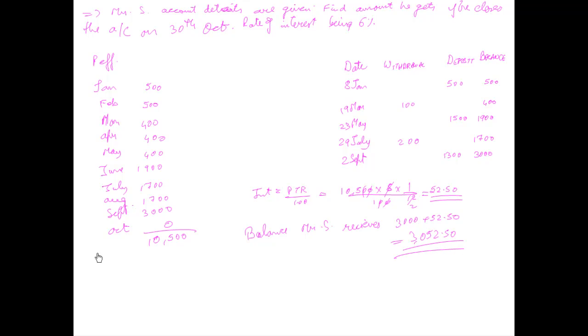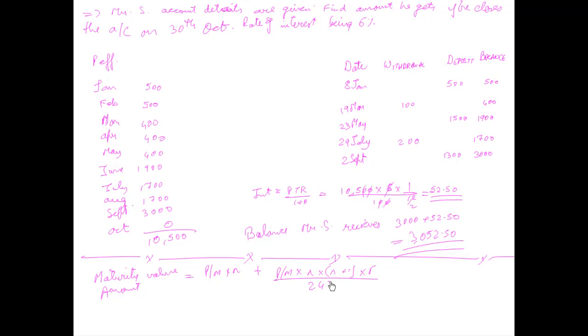Let's see recurring deposit. Now, children, in recurring deposit, we basically need to follow this one formula, that's maturity value or amount is equal to principal per month into number of months plus principal per month into n into n plus 1 into rate upon 2400.